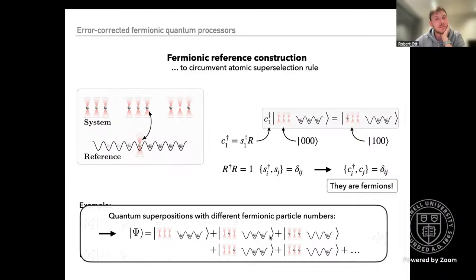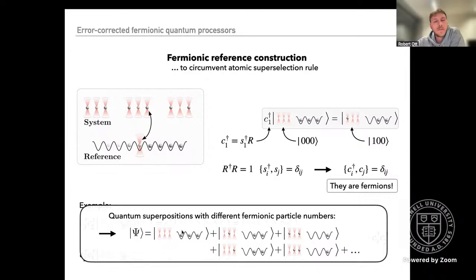Okay, so you can see it here, right? If there's some effect where these two atoms do something that you don't want, you would decohere this part of the state with respect to the rest.